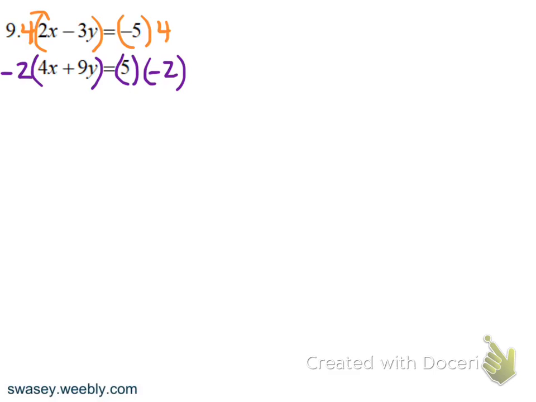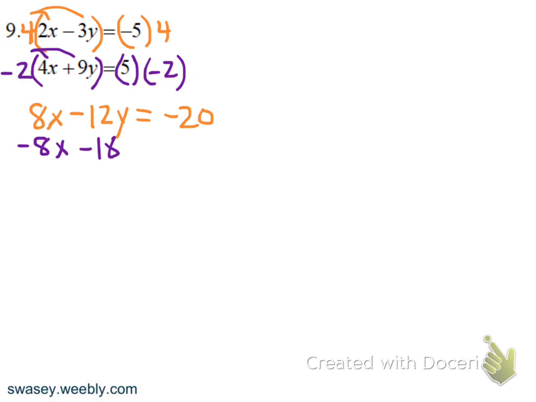Distribute your 4. 4 times 2x is 8x. 4 times negative 3y is negative 12y. Negative 5 times 4 is negative 20. Distribute your negative 2. Negative 2 times 4x is negative 8x. Negative 2 times 9y is negative 18y. 5 times negative 2 is negative 10.